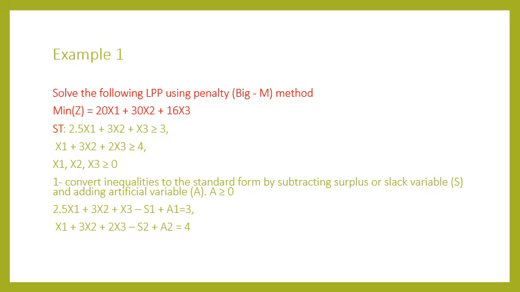This objective function is subject to 2.5x1 plus 3x2 plus x3 more than or equal to 3, and the second constraint is x1 plus 3x2 plus 2x3 more than or equal to 4.